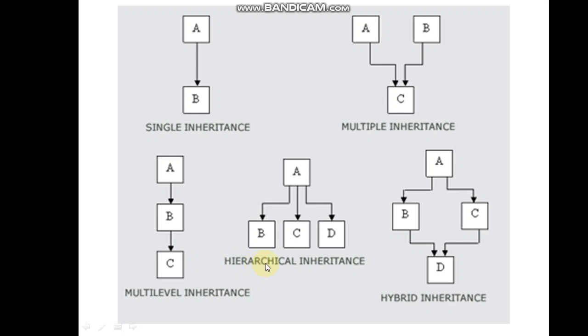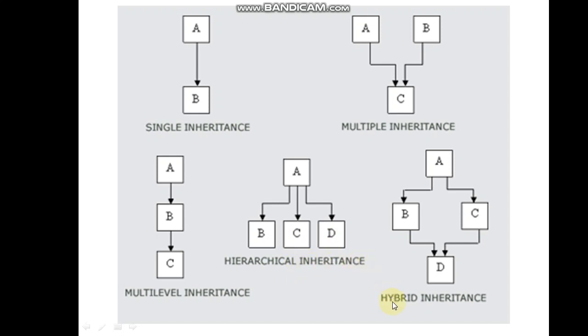Fourth type of inheritance is hierarchical inheritance, where the inheritance looks like a tree-like structure. The properties of a single base class will be inherited by multiple derived classes. The properties of class A are derived by three derived classes: B, C, D.